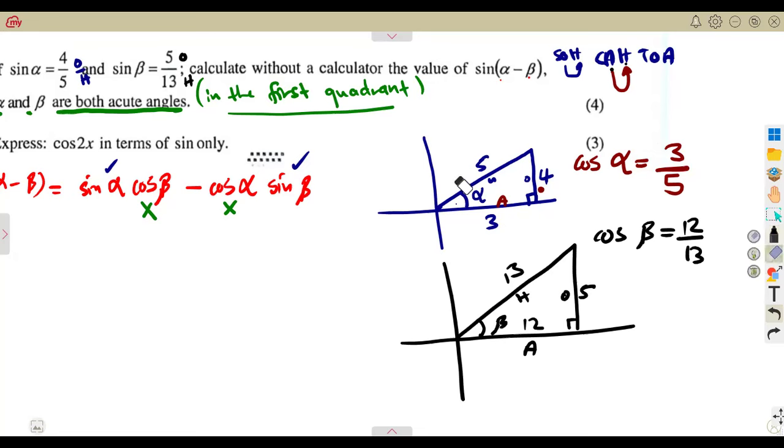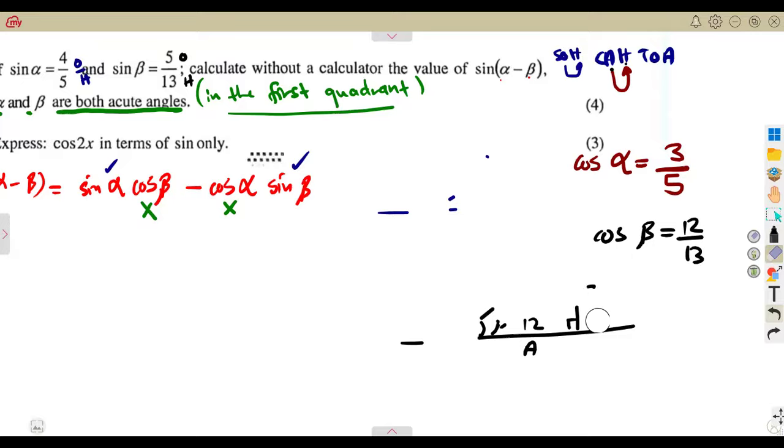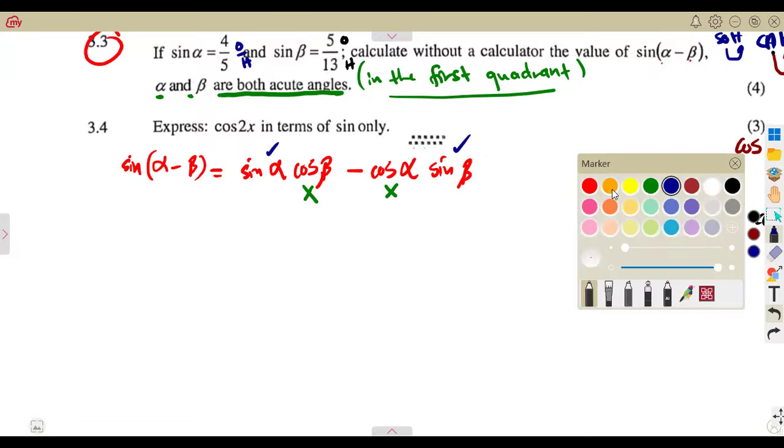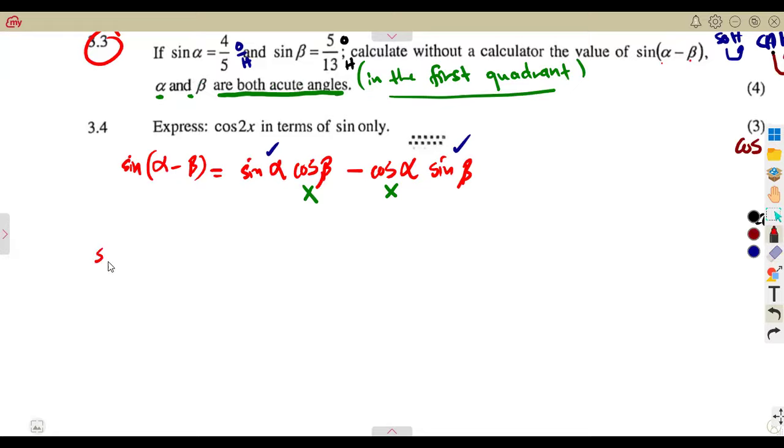So that was the importance of this diagram, to determine the missing trig ratios, I mean the cos of alpha and the cos of beta. So with this, we can substitute. Meaning the sine of alpha minus beta can be written as sine alpha, already given from our information, 4/5 times the cos of beta.